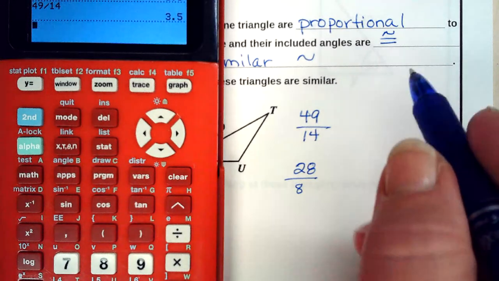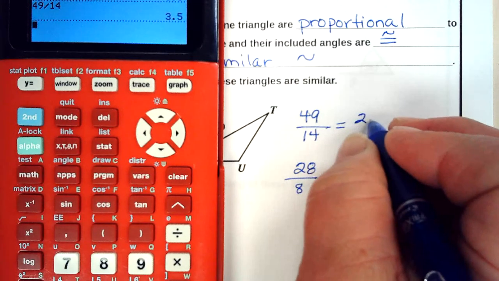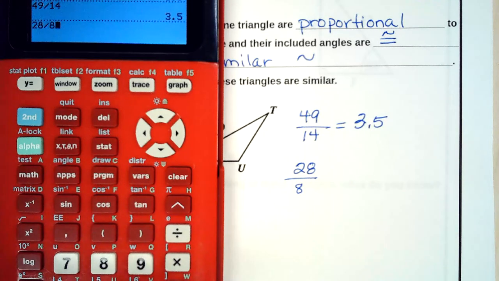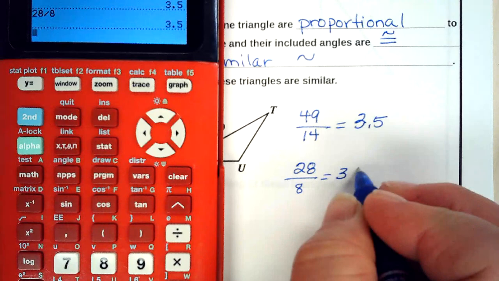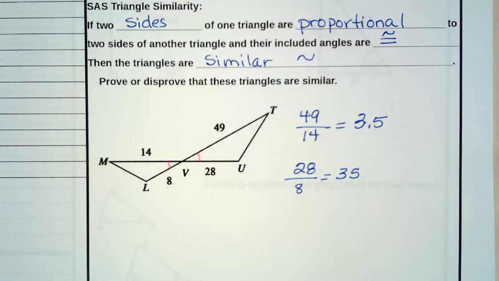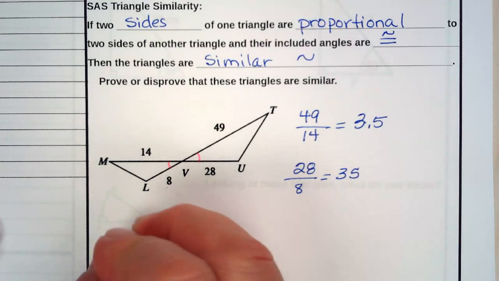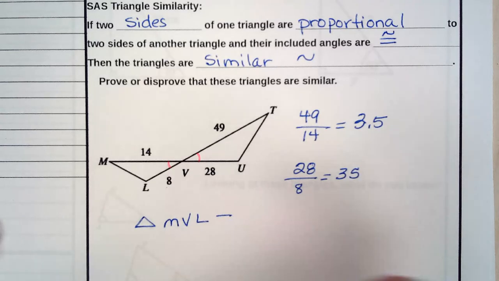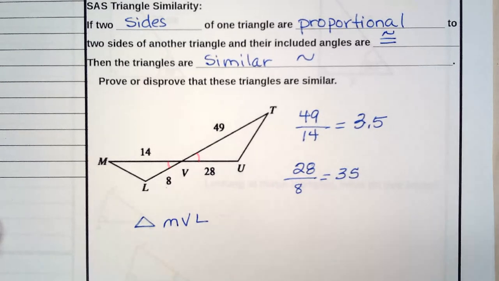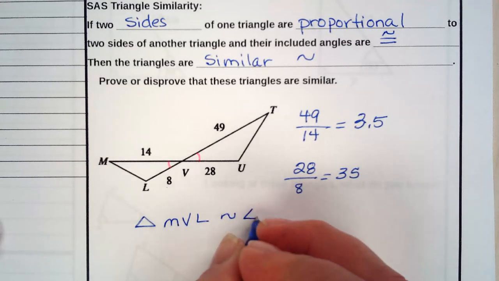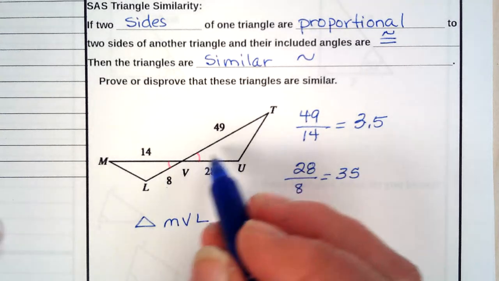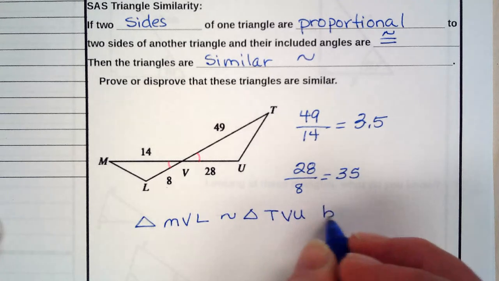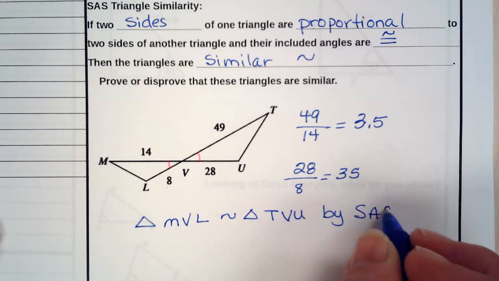So 49 divided by 14 is 3.5. 28 divided by 8 is 3.5. So triangle MVL is similar to triangle TVU by side angle side.